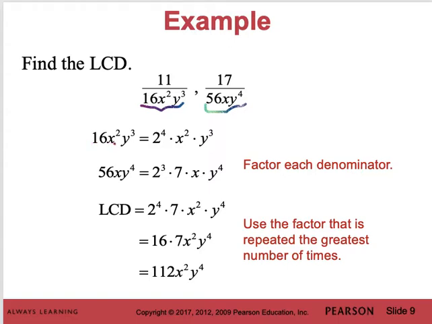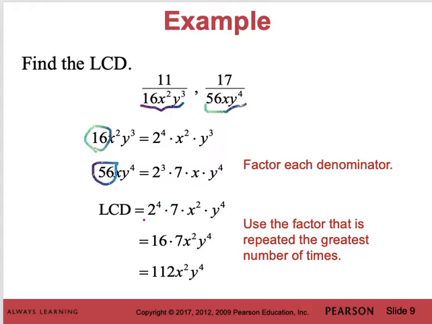Well, we can rewrite 16 as 2 to the 4th power times x squared. And why did we choose 2? Well, because 56 also has a factor of 2. So our common factors between 16 and 56 are 2. So 56 can be written as 2 to the 3rd power times 7 times x times y to the 4th.